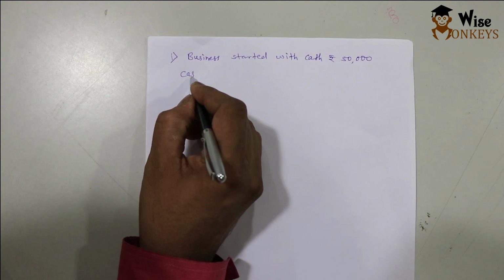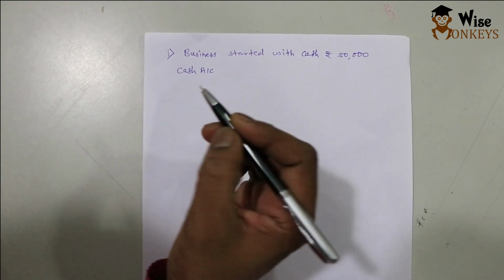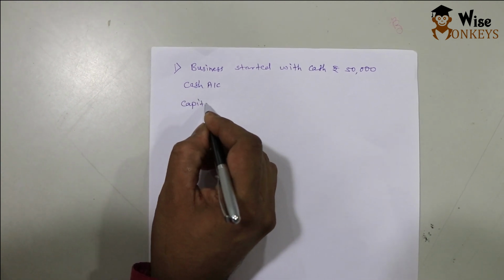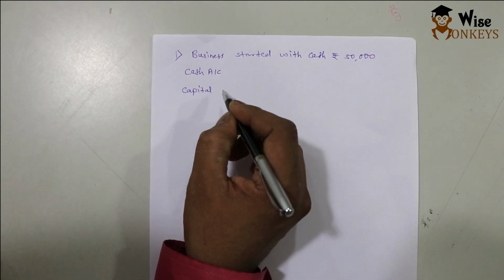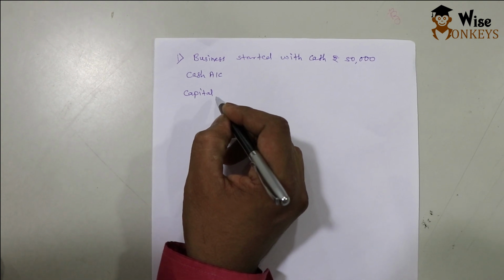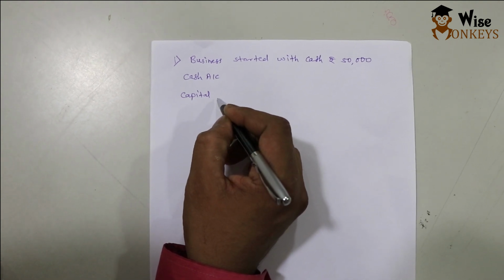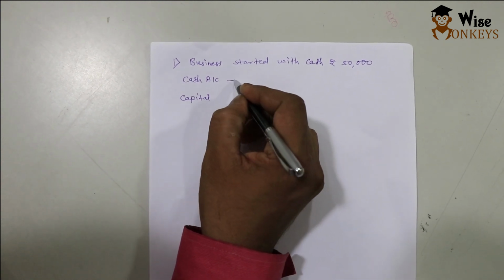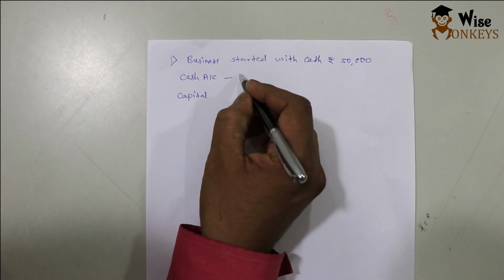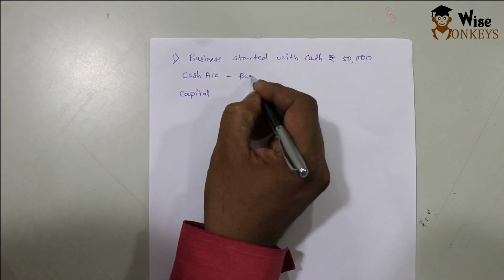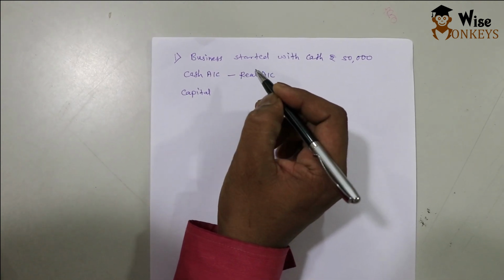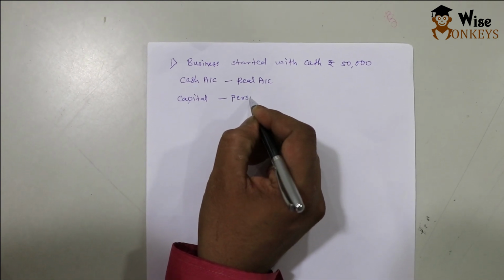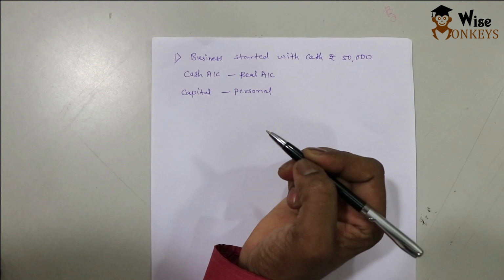One is cash account, whereas the other account is capital account. In types of account we learned that the account of the proprietor we write as a capital account when he invests money in the business. Cash account, as per the type we have already learned, is a real account because it's a property, whereas capital account is a personal account. It represents a proprietor.